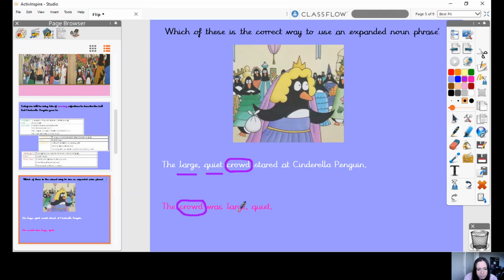Okay, so that would work. Or we could just have an and here, but that means we're not using a comma, and today we'd like to use commas. So you can do it both ways, but I'd like the majority of you to be using this way today. So we've got adjective, comma, adjective, and then a noun.